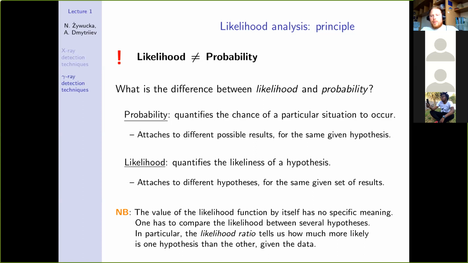All it means is the different values for different hypotheses. So you use the likelihood ratio, for instance, to find which hypothesis is more likely given the same data. You compare different hypotheses, and the most likely hypothesis has the highest likelihood value. So only the ratio of likelihoods means something.